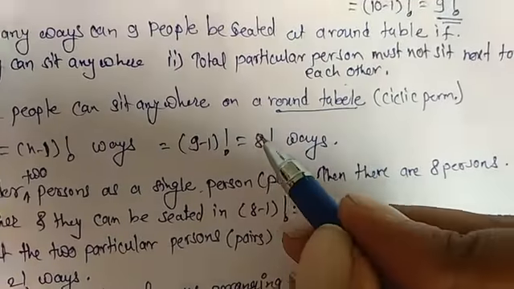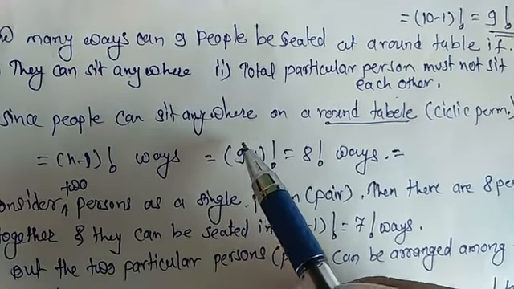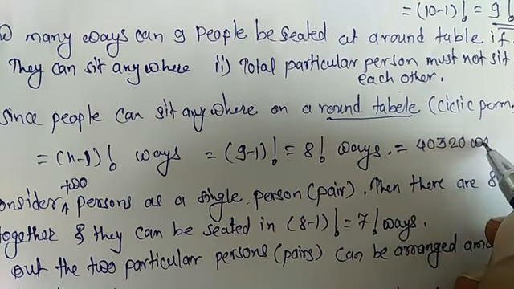Now for the first case, it is 8 factorial ways for seating 9 persons at a round table. That means its total calculation is 40320 ways.